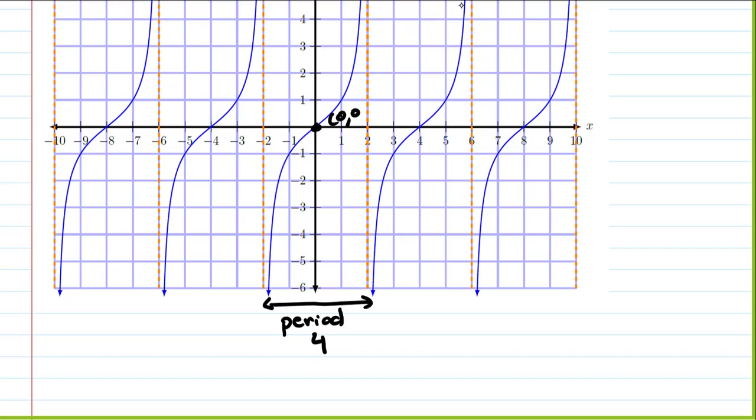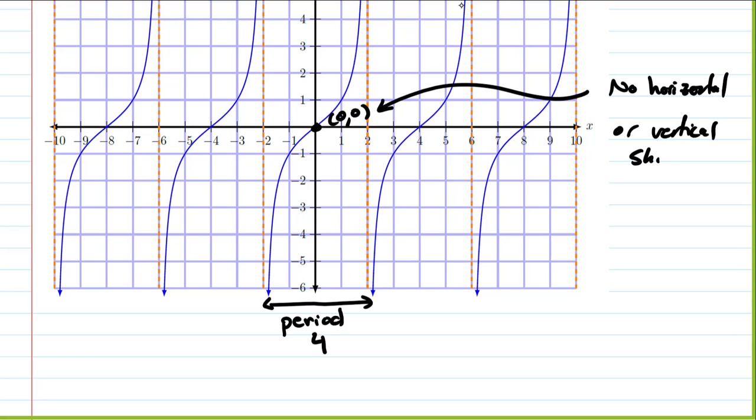So it contains the point 0, 0, so that tells us no horizontal or vertical shifts.